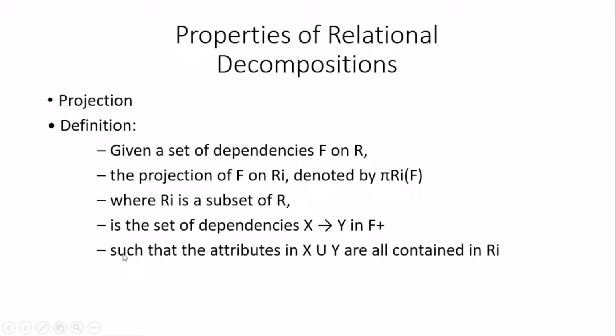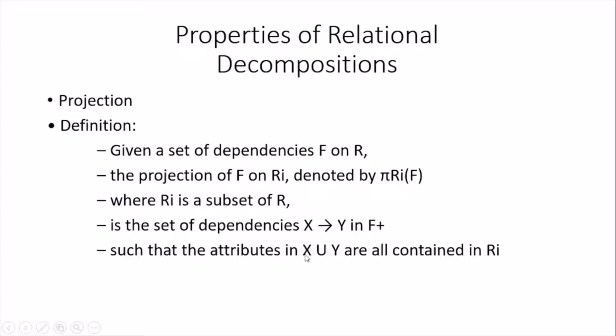Here again we are taking dependencies like x to y, but they should satisfy a condition, such that the attributes in x union y are all contained in Ri. Even though you take a functional dependency which is in F plus, you will return it as the projection of F on Ri, but the condition is that for this functional dependency, the left hand side and right hand side are sets of attributes.